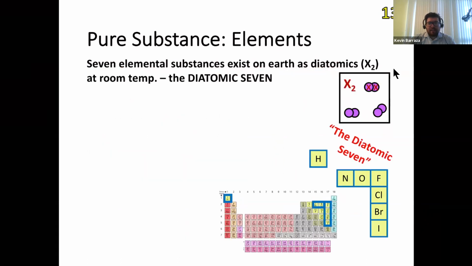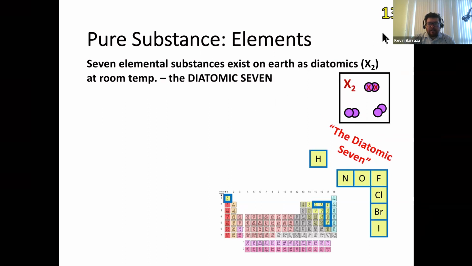One thing to be aware of, and something that will be very important the further we go in this course, is that we need to memorize the 7 diatomic elements, or we call them the diatomic 7. So 7 elemental substances exist on Earth as diatomics. So in other words, it's double. Each particle is 2 atoms of that element.